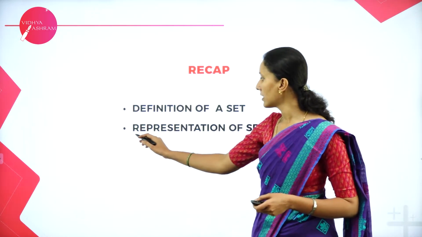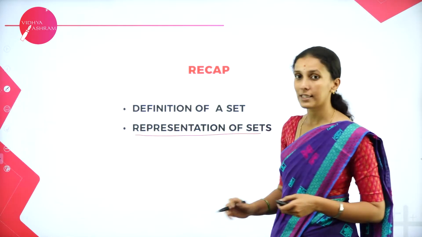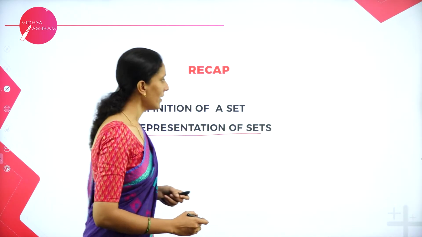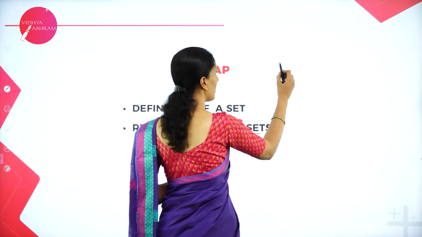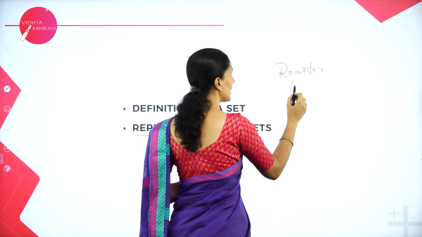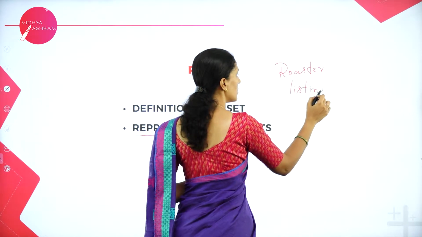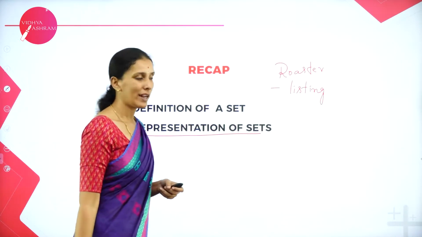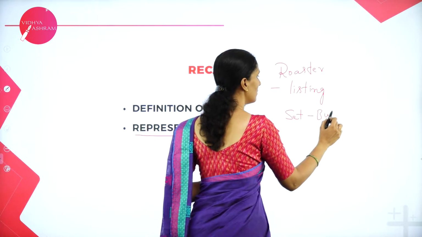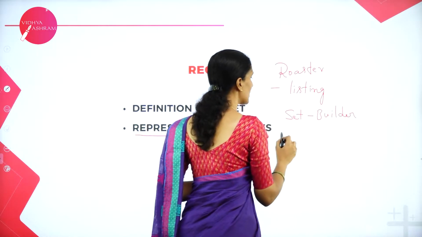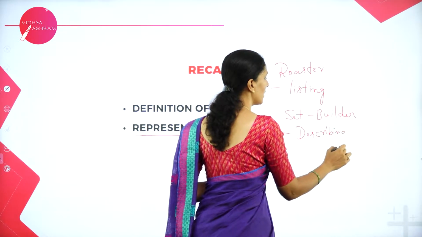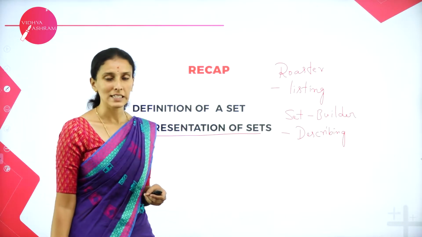Also, we have learned representation of sets in two types. What are those? One is roster method and the other one is set builder method. Roster method is nothing but listing the elements, whereas set builder method is nothing but describing its property, describing the property of the elements inside the set.